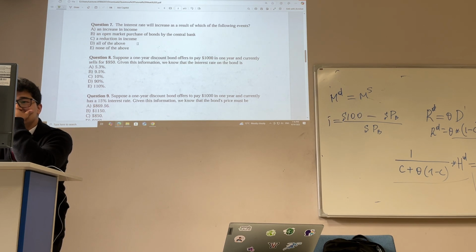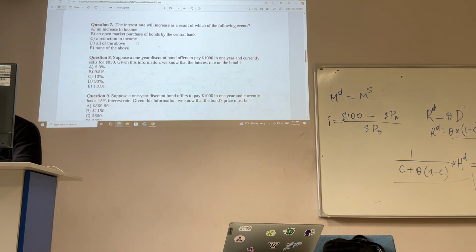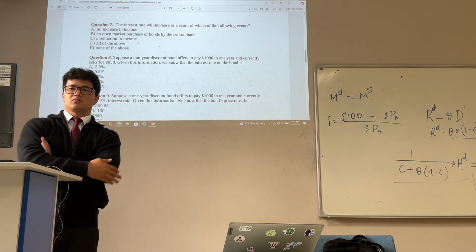Question 7. When people have more income, they spend more money, right?